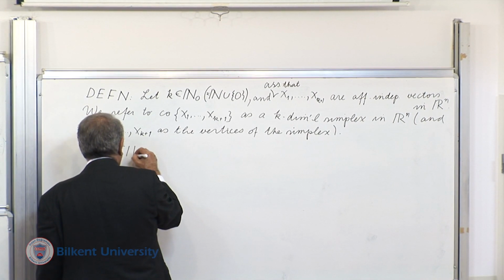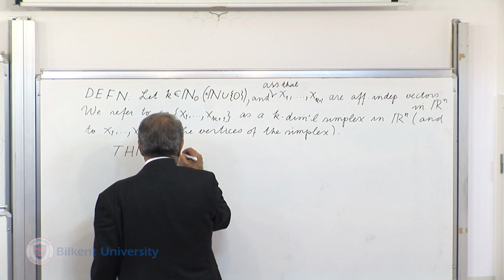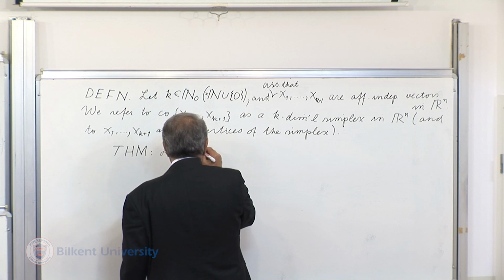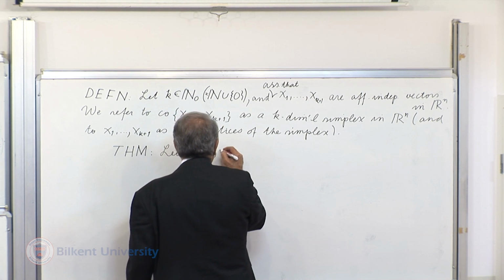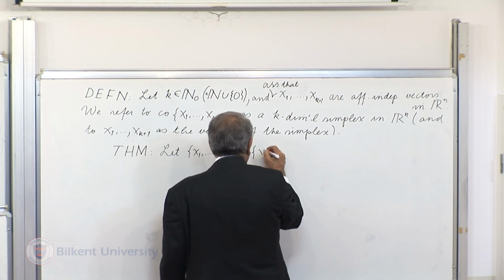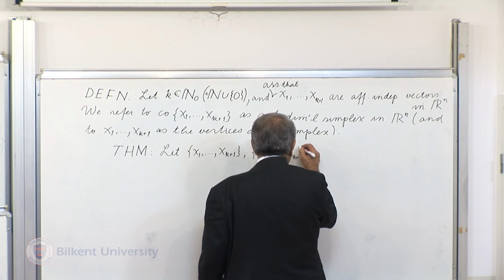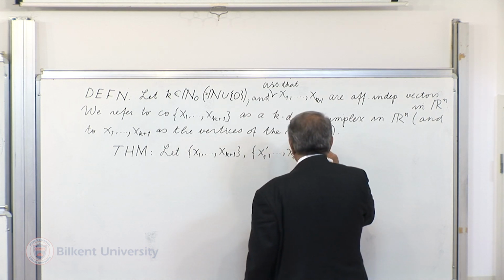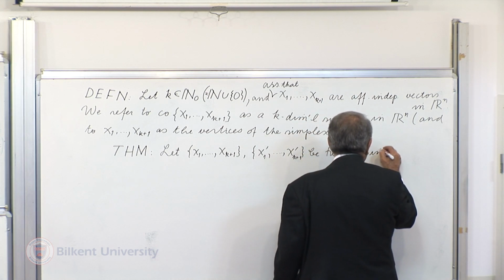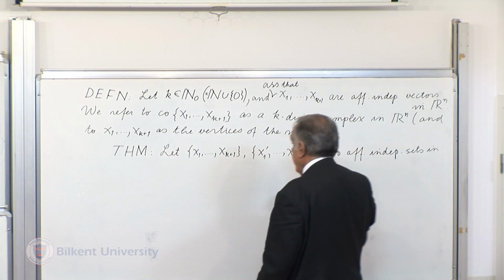So, theorem. Let x1, up to xk plus 1, and x1 prime, up to xk plus 1 prime, be two affinely independent sets in Rn.